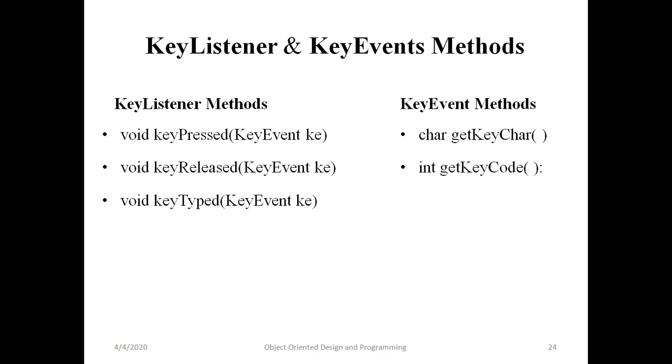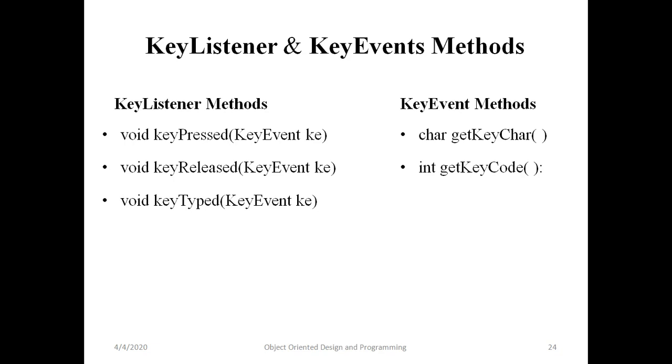If you register a particular listener, you have to give the implementation for its methods. There are three methods inside the key listener, and all three accept a KeyEvent object as the parameter: keyPressed, keyReleased, and keyTyped. You have to give implementation for all three.